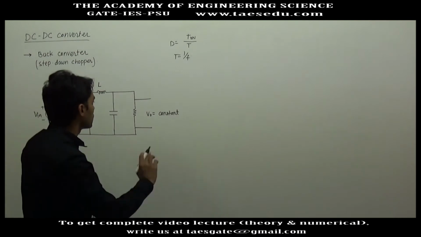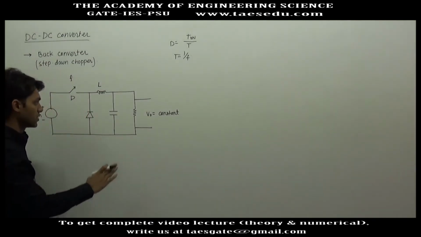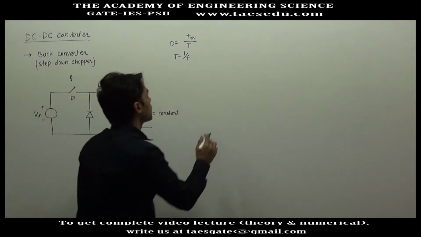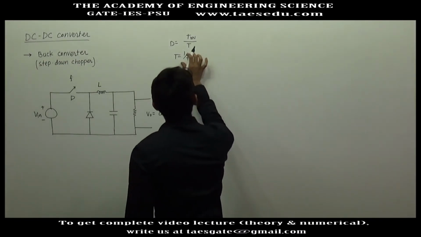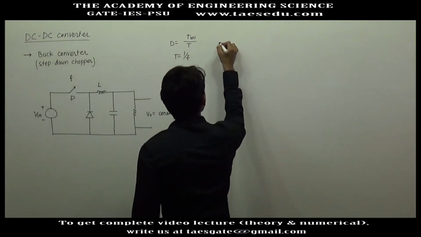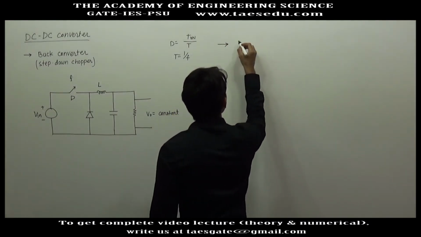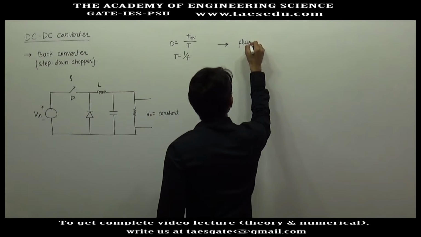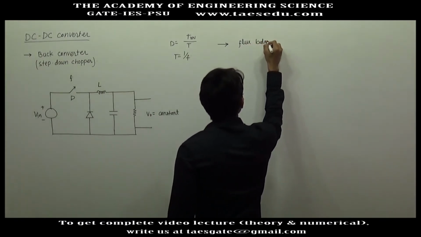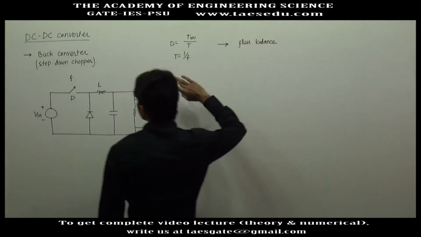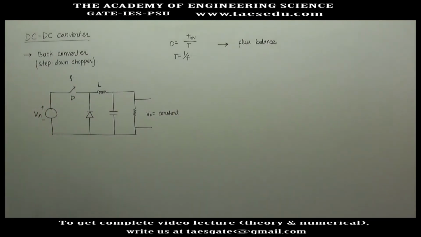Okay, now to derive the relationship between input and output voltage, I am going to give you one more concept. That concept is basically called flux balance, and this concept is also very useful in studying DC-DC converters or AC to DC converters.